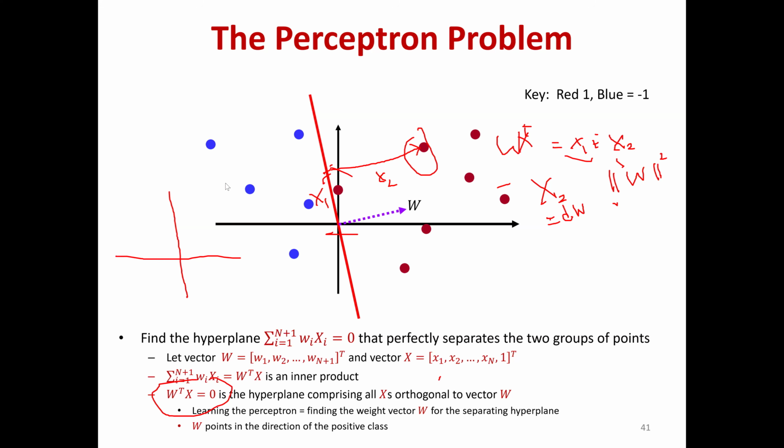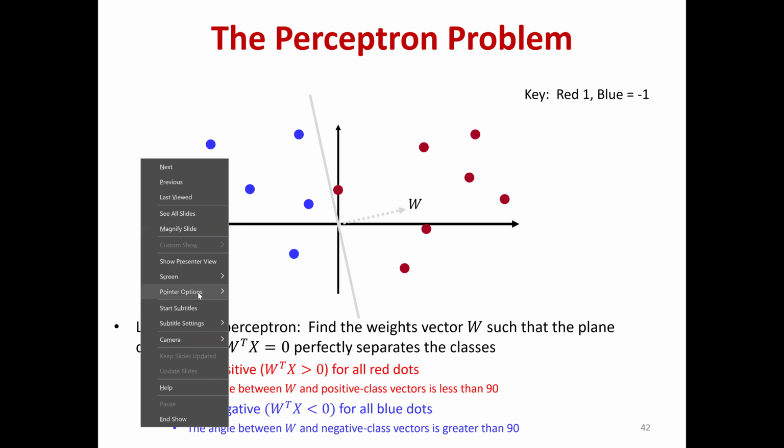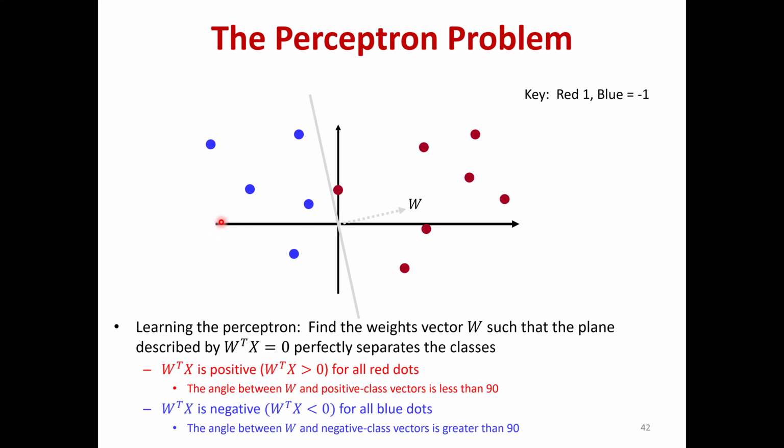Now, on the other hand, if you had a vector which was pointing away from W, then what is W transpose X going to be? Positive or negative? Negative, because it's like saying it's going to be x1 minus some distance times W. So in general, W transpose X is positive for all the positive dots, and W transpose X is going to be negative for all the instances from the negative class.